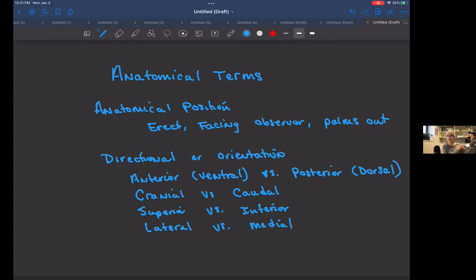Now, when we're talking about the appendages, your arms and the legs, we oftentimes talk about something that is called proximal versus distal. So in your textbook, you can look up the definitions of these, but proximal means closer to that location where the appendage is attached to the center part of your body.